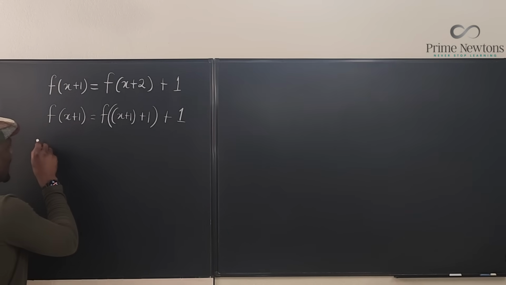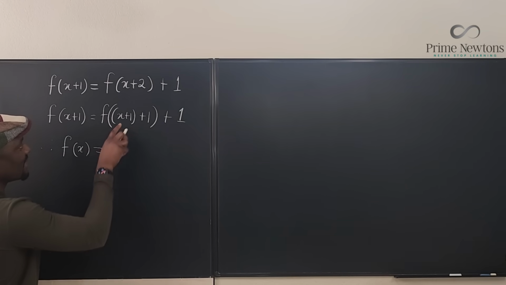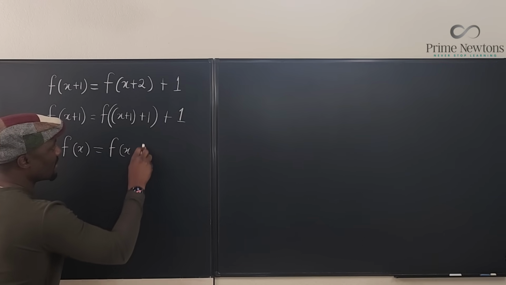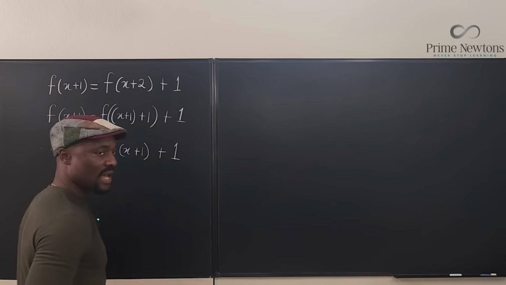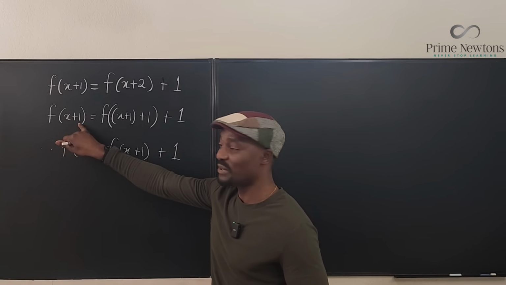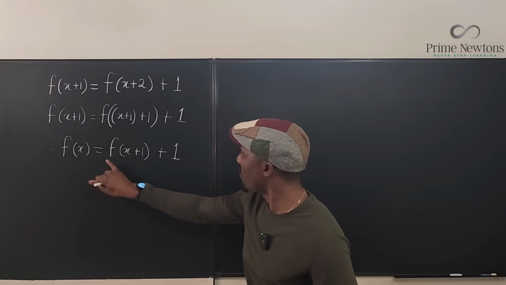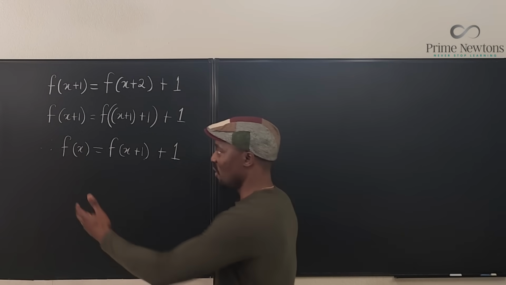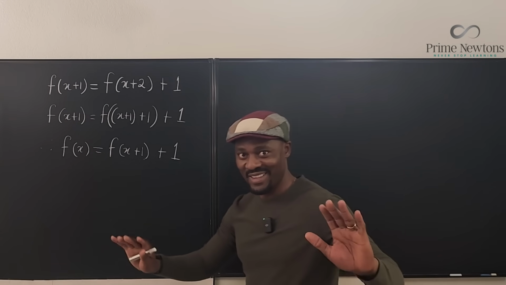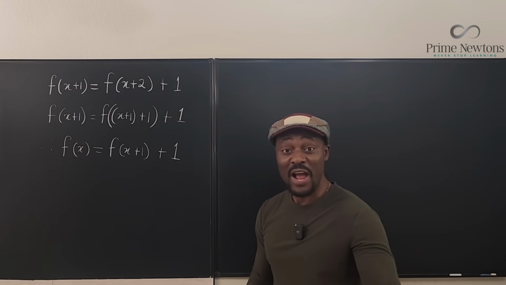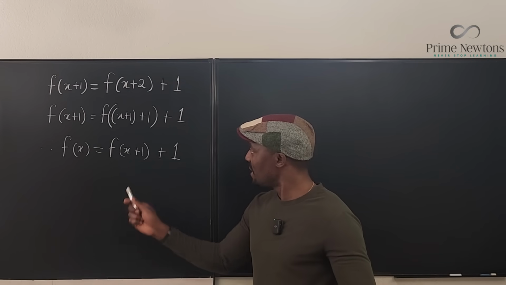Therefore, let's say the input was x, then this side is going to be f of x plus 1 plus 1. Now this is what I would have done if I did a t substitution. If I say, let t be x plus 1, we'll end up with f of t equals f of t plus 1 plus 1. And then I'm going to switch back to x. But it looks like I should just stay with x. That's better.